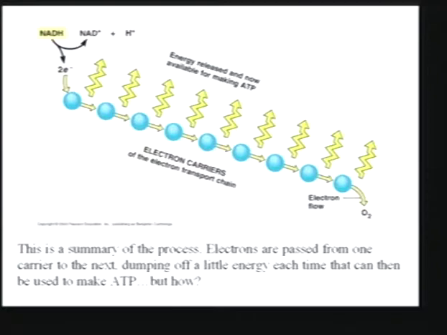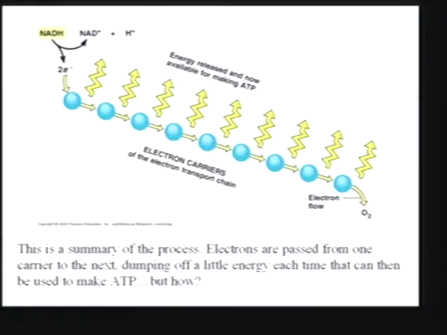However, there are other non-protein electron carriers. Those electrons are then passed from one carrier to the next, and every time they're passed off, they lose a little bit of their energy. So continual passage goes down an energy chain.